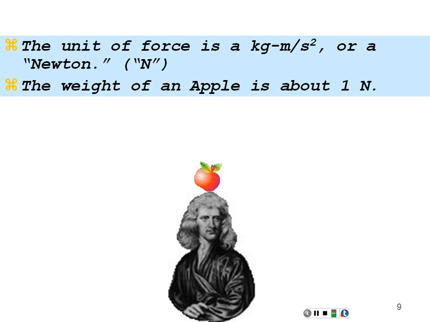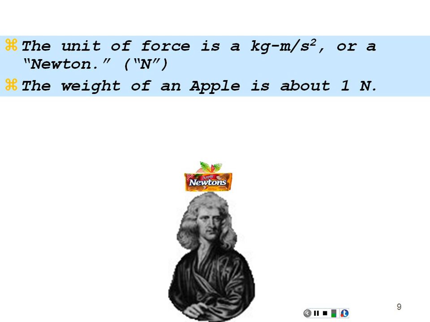So in one fell swoop, when the apple fell on Newton's head, not only did he discover gravity, but he also discovered the Newton. Also, coincidentally, the weight of a package of apple Newtons is approximately 1 Newton as well. How about that?